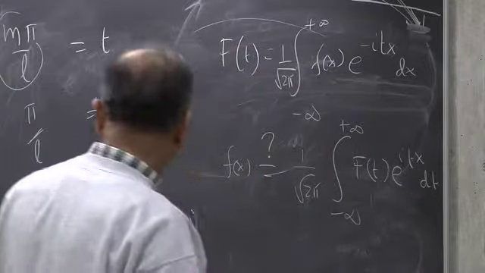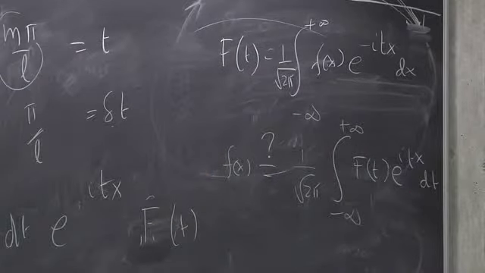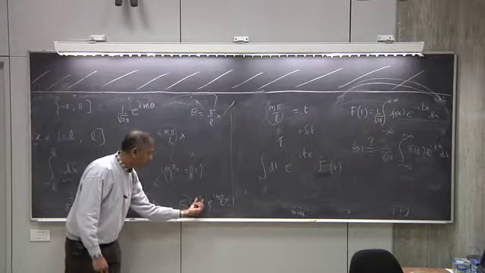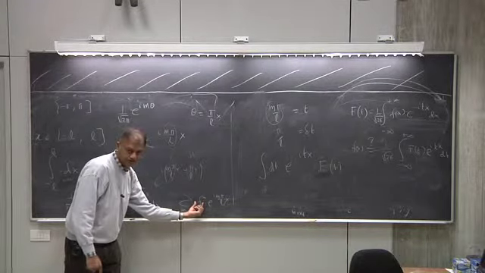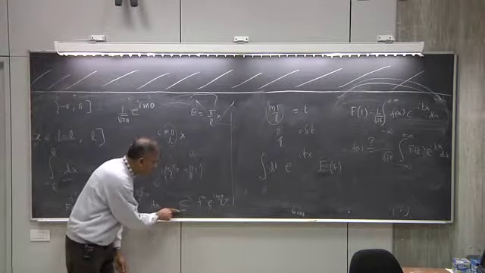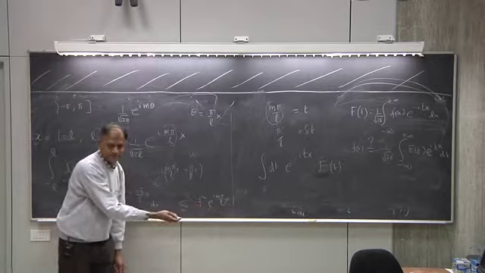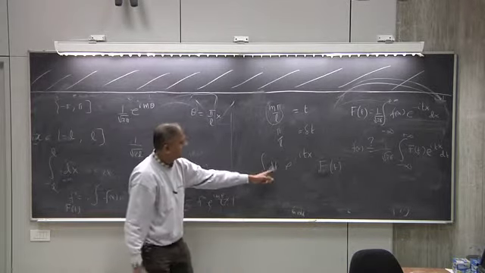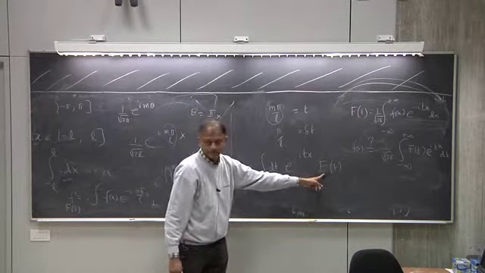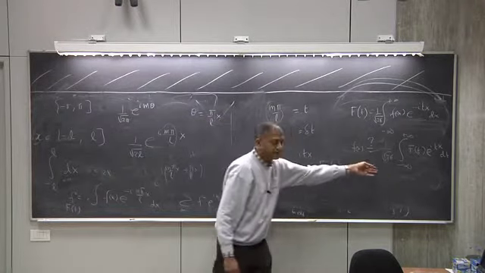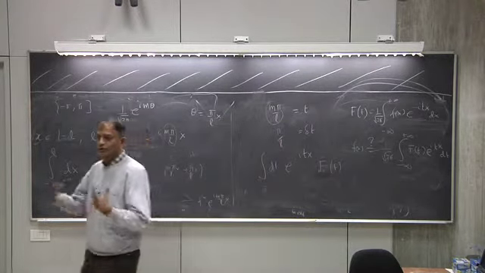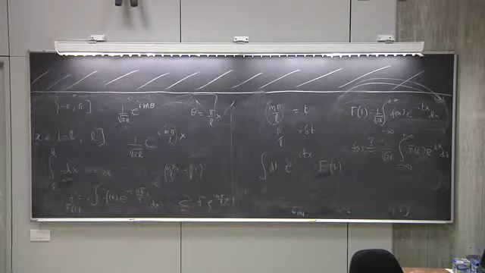And the second equation is the analog of that Fourier series, because instead of f_m we now have capital F of t, right? And this sum in the L goes to infinity limit should just become an integral, right? So you get here dt, e to the itx, F of t. Again, some 1 over root 2 pi factor. So this is what you would expect, that somehow the Fourier series experience tells us that this is what we should expect in the limit L goes to infinity.